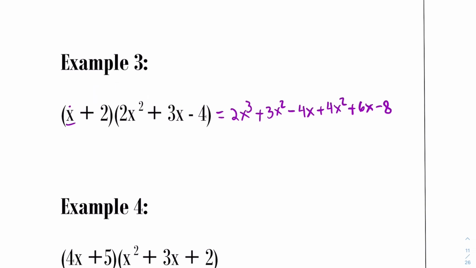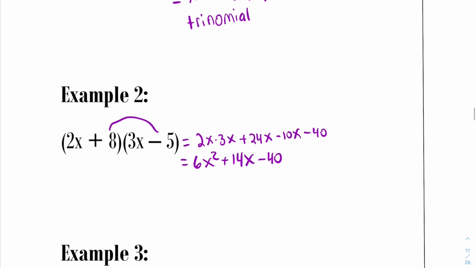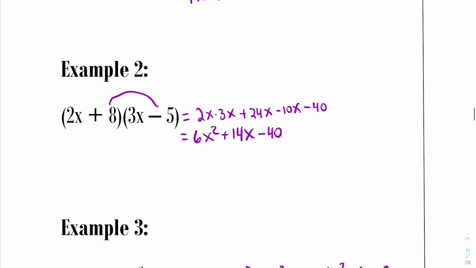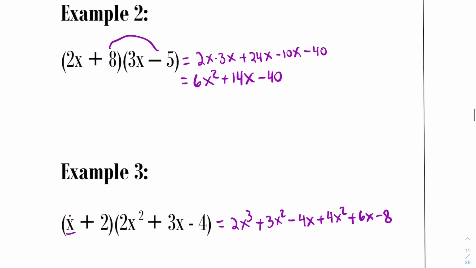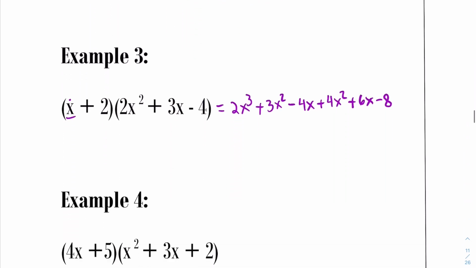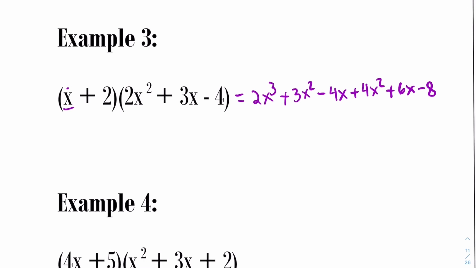Whereas before, we kept on switching which number we were multiplying, and so it took longer. We would switch from multiplying the 2x times the 3, and then the 8 times the 3, then the 2x times the 5, and the 8 times the 5. So in my head, that just takes longer. I think that this way is a little bit more efficient, but either way is fine.